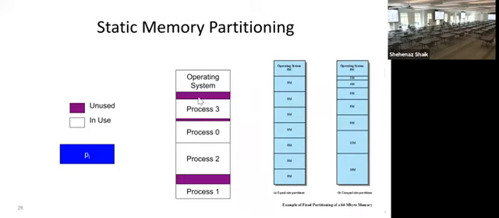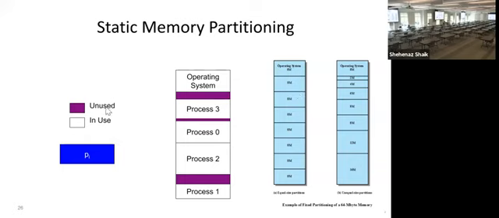First one is static memory partitioning. What we can do is partition the entire available physical memory space into some number of partitions, with some predefined capacity, predefined size.